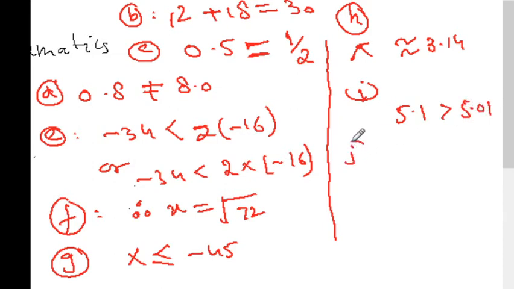Part J is the sum of 3 and 4 is not equal to the product of 3 and 4. Yes, it's not equal. Fine.